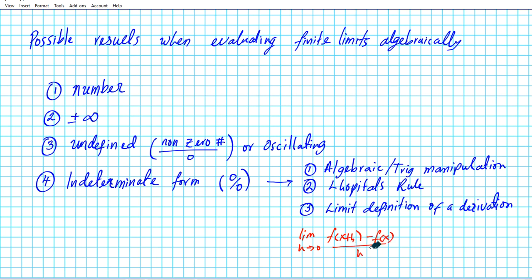Or you can have limit as x approaches a of f of x minus f of a divided by x minus a. If a limit is presented in one of these two formats, the limit definition of a derivative will be applicable. The example we're going to be looking at today is a situation where all three methods work, so you can see all of them in action.